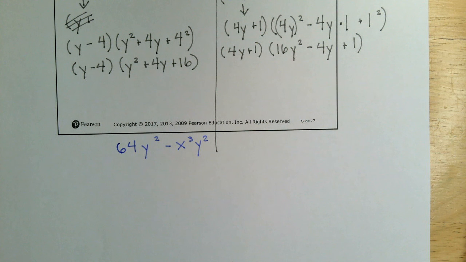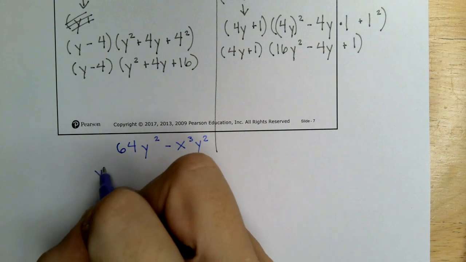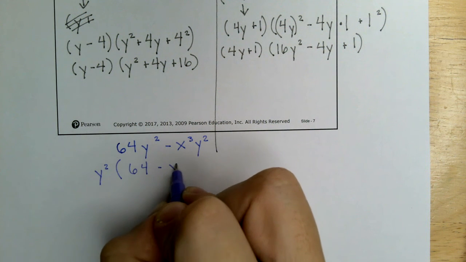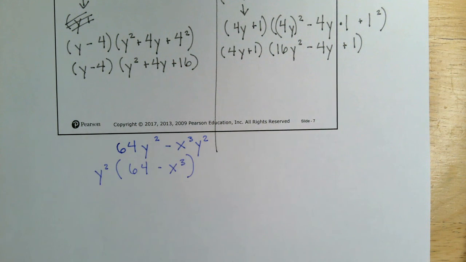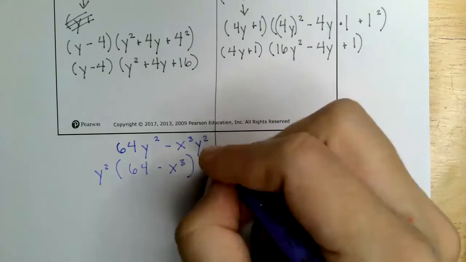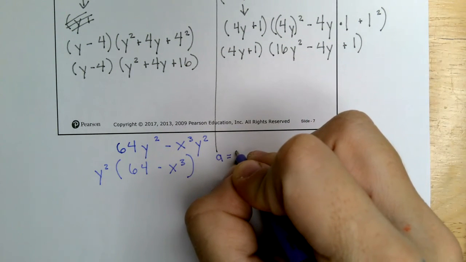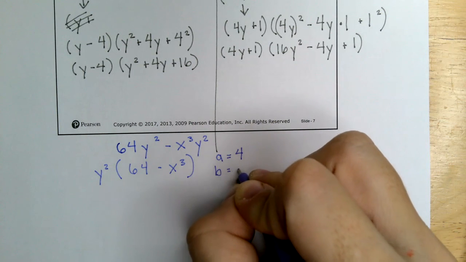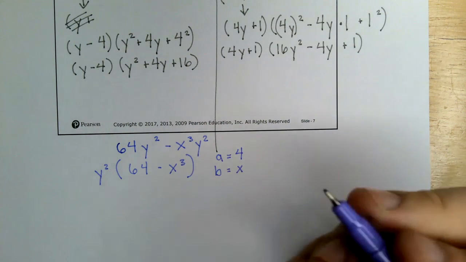You could factor something out, right? So I can factor out y squared, and then it becomes 64 minus x to the third. I don't know why in all 3 of my examples I use 64. 64 means that a is 4. X cubed means b is x, right?